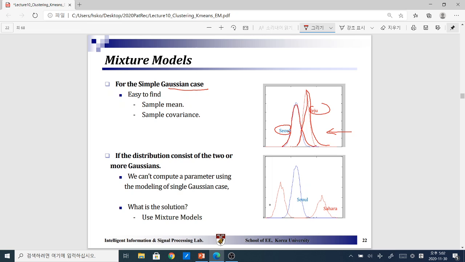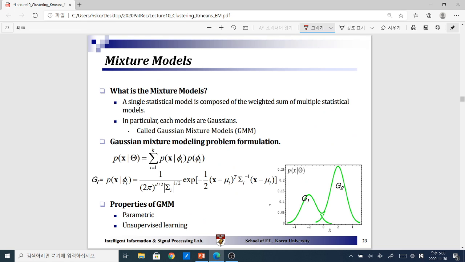On the other hand, if the distribution consists of two or more Gaussians, like in the case of, say, Sahara, which has two modes like this, we say that this is a multimodal situation, and that it's a mixture model. In this case, we cannot compute the parameters using the single Gaussian model. So this is where the mixture model comes in when you have a multimodal situation.